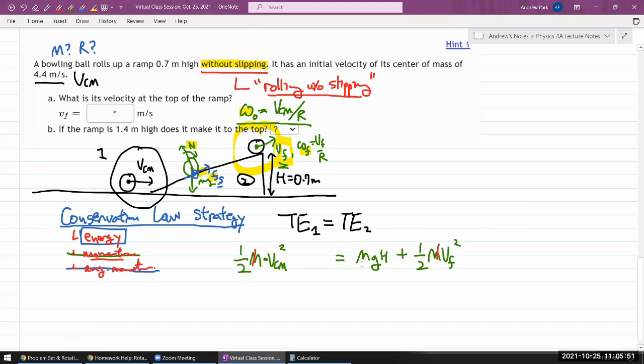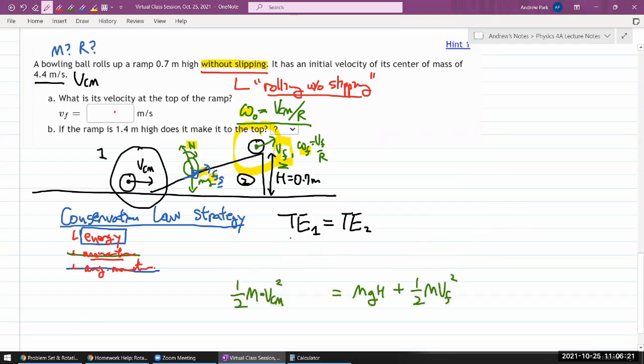So let me explicitly write out different forms of energy that these things can have at different snapshots as you are considering those snapshots. So the total energy at snapshot 1, that's going to consist of the potential energy at snapshot 1, that's 0, plus the kinetic energy, which will have two parts. There will be translational kinetic energy, and there will be a rotational kinetic energy.